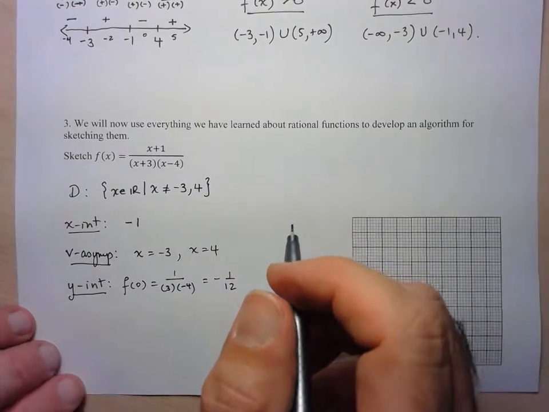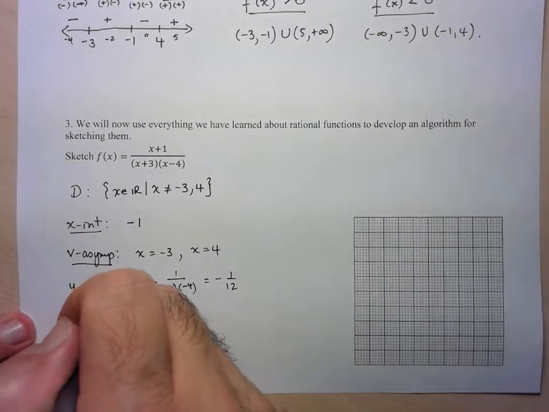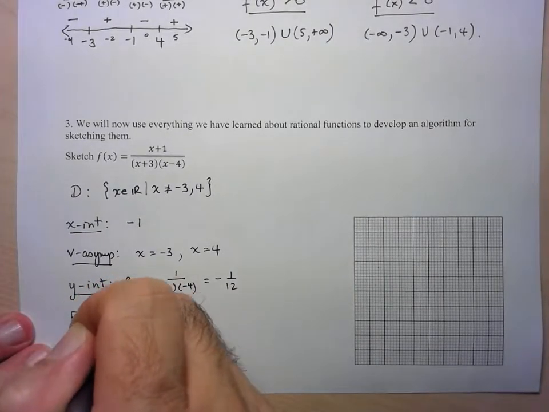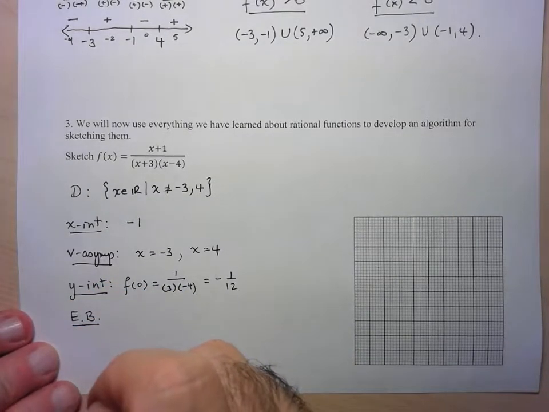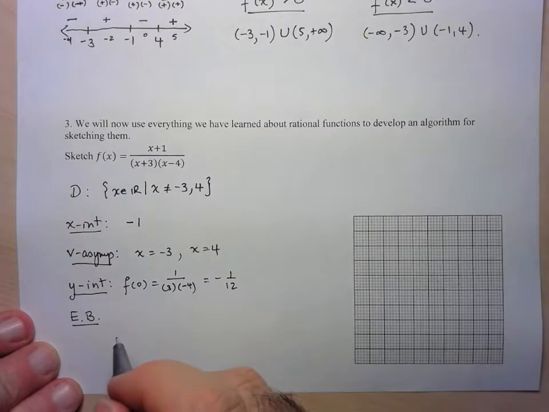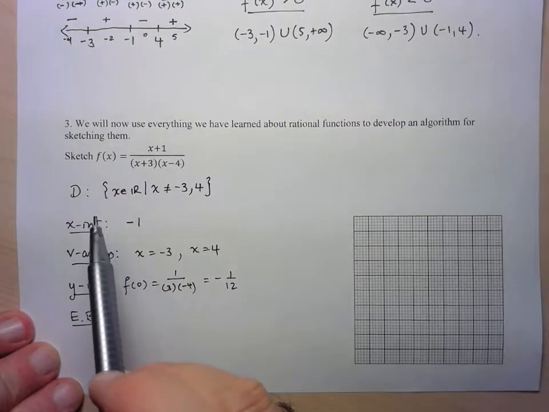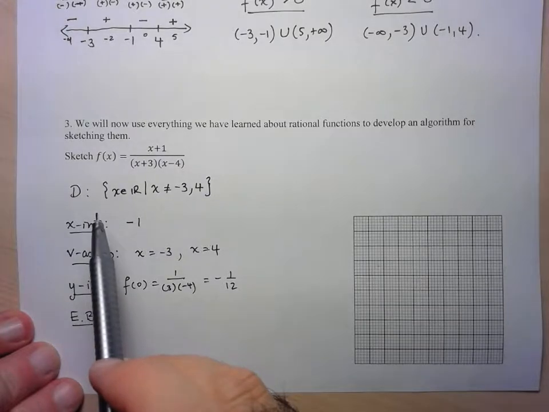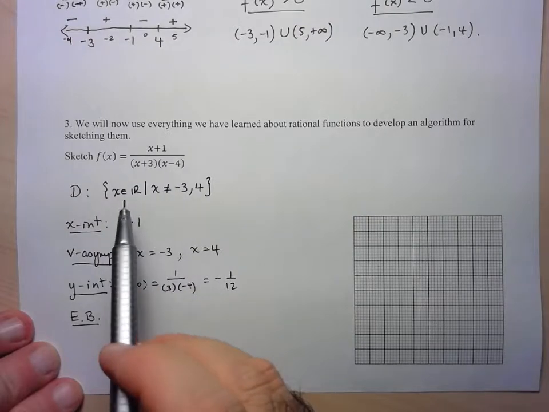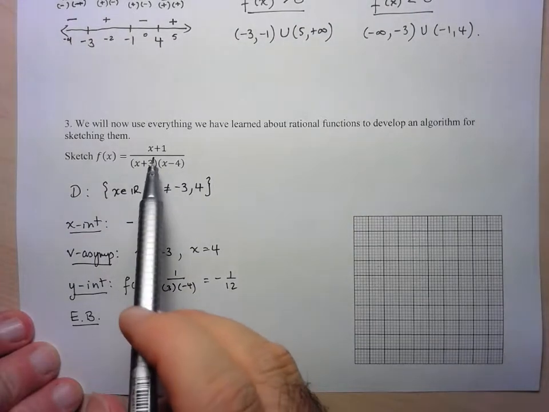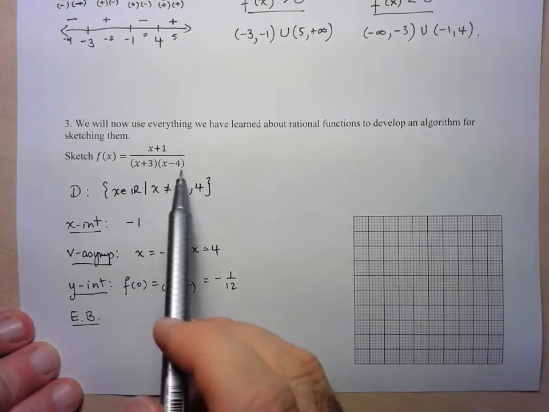Okay, next major characteristic, of course, is the end behavior. Notice, by the way, all the shorthand I'm using. That's perfectly fine. So the end behavior here is how this function behaves when x gets really large or x gets really small. While it's in factored form, it's a little easier to see if it's in standard form, but we can easily see that the numerator has degree 1 and the denominator has degree 2.